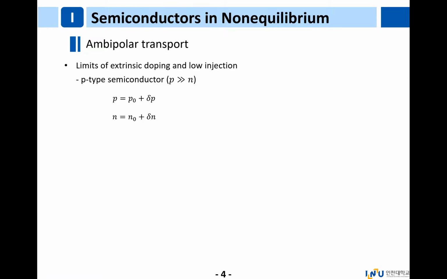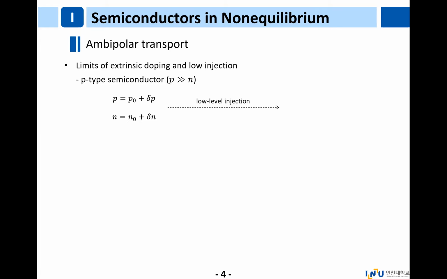Okay, let's consider ambipolar transport in a p-type semiconductor. In a p-type semiconductor, holes are the majority carriers and electrons are the minority carriers.